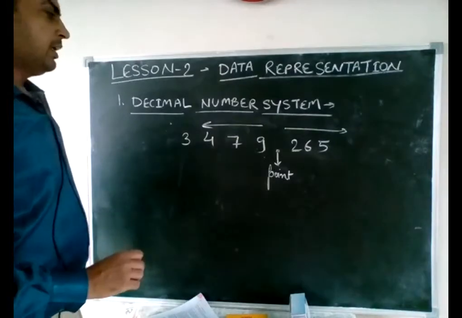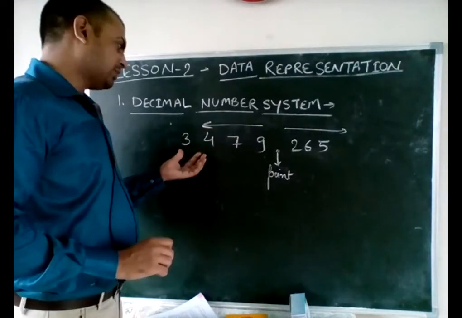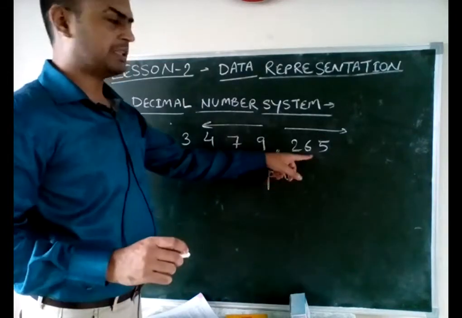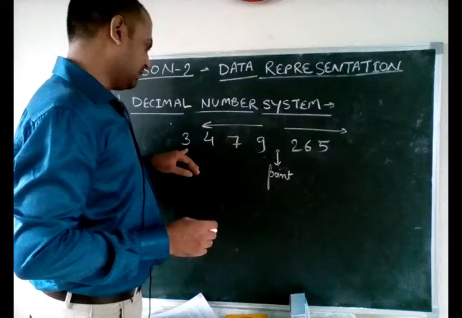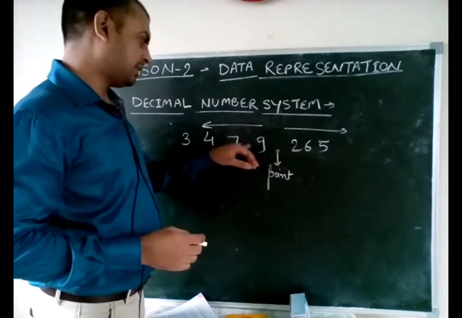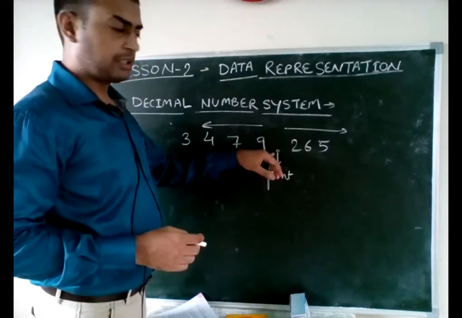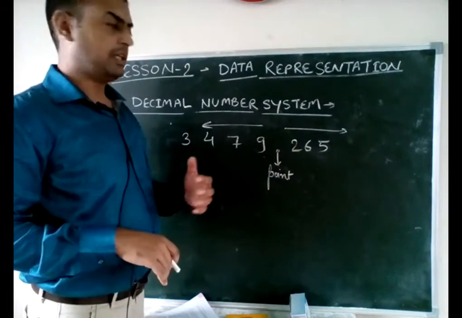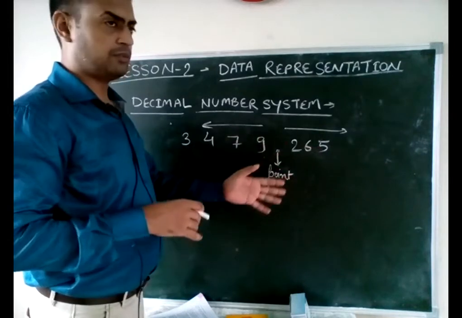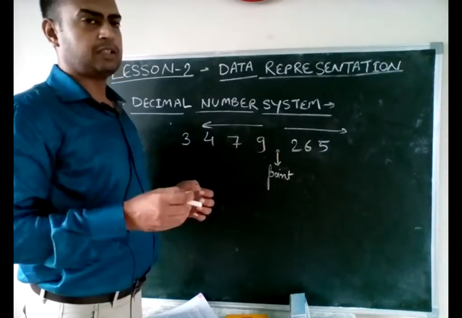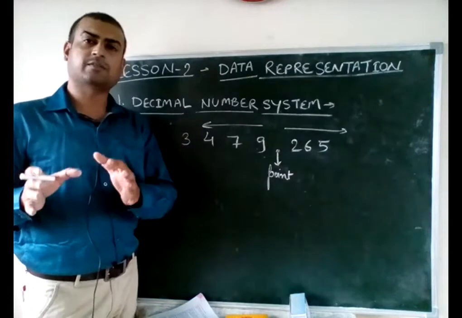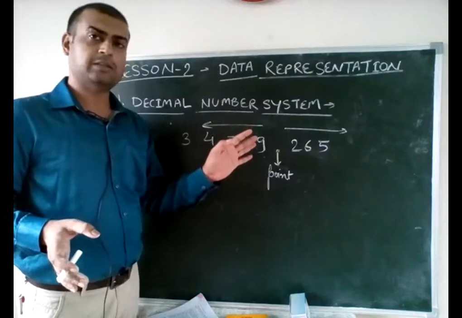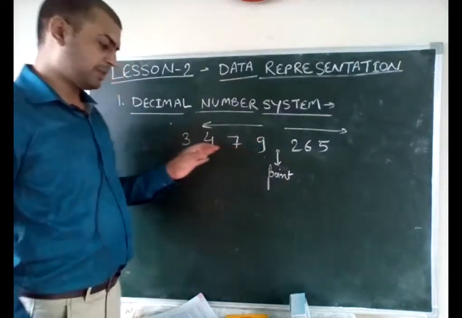Now we will read the whole part as 3479. And after the point we will not read 265 as a place value number. We will read it as 2, 6, 5. If we have any other 2, 3, 4, 5 numbers, then we will read them one by one. We will not give any kind of place value like 1000 or any other thing. We will directly read the number one by one. This is the main concept here.